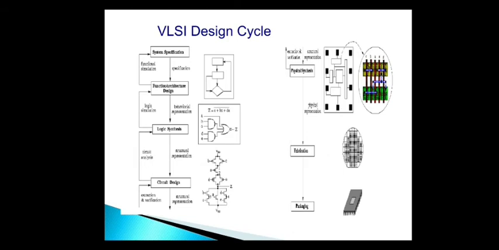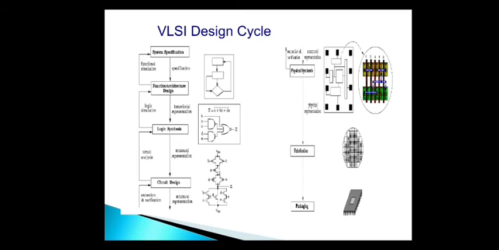Next is circuit design. Using this gate structure, we have to design it using transistors. As we all know, VLSI has a large number of transistors. So we have to design these logic gates using transistors. Next step is physical synthesis. We have to design this transistor logic as a layout.